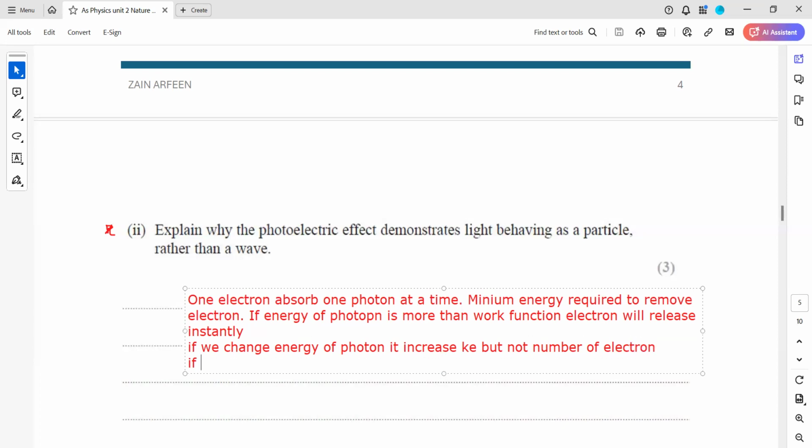And if we change the intensity, like more photons are there per second, the intensity of the photons, it will increase the number of electrons, but not the kinetic energy. So these are the points you will always include whenever you have to justify that it has a particle nature rather than a wave nature.